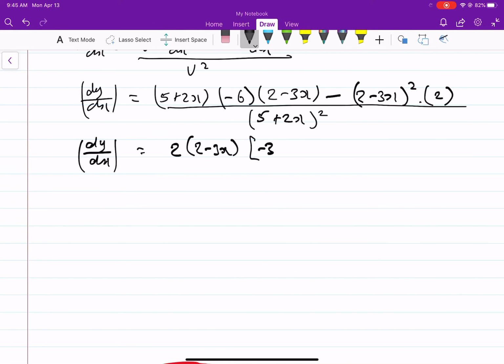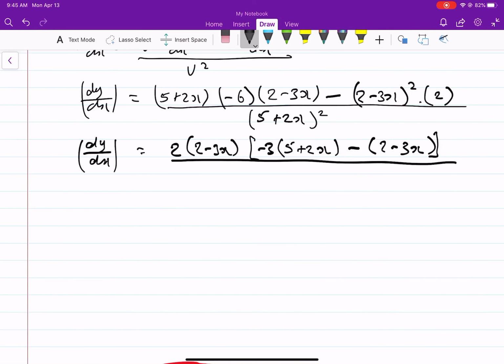The 2 minus 3x came out, so only 5 plus 2x is left there. Minus, I factored out a 2, and I factored out a 2 minus 3x, I only have a 2 minus 3x left there. All upon 5 plus 2x, all squared.